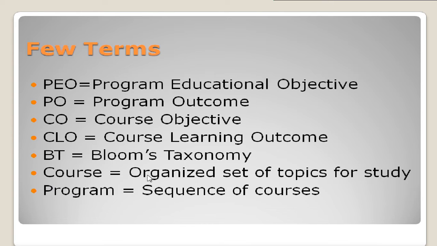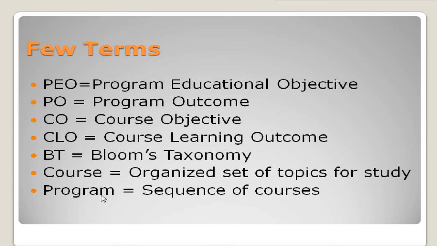And when we say a course, it is an organized set of topics for study. Theory of machines is a course. Electronic devices and circuits is a course. Data structures is a course. A program is a sequence of courses. For example, BTech Mechanical Engineering involves a sequence of courses organized in a particular way.